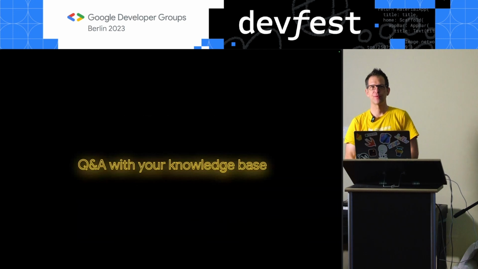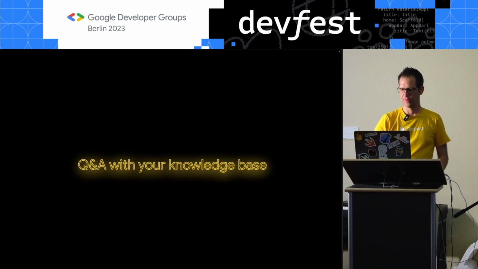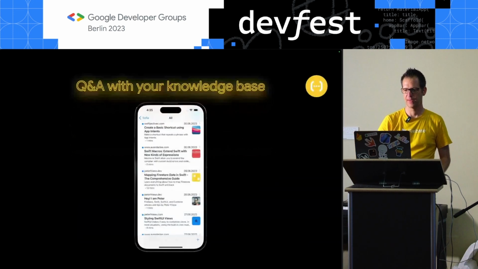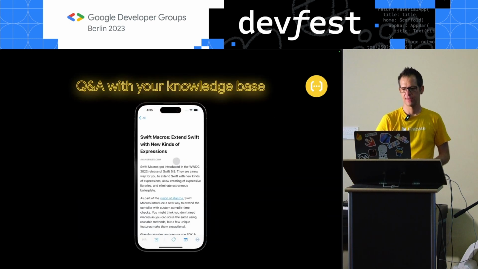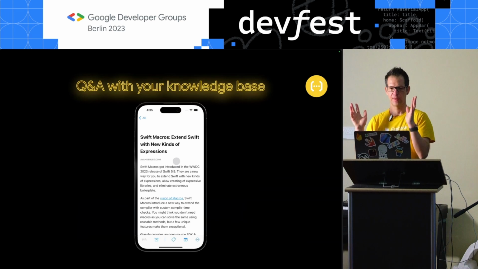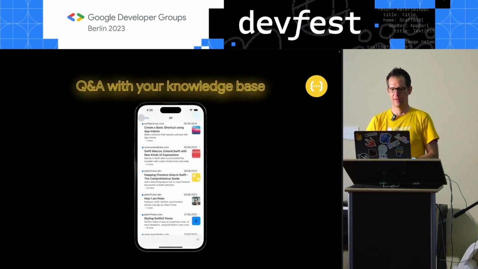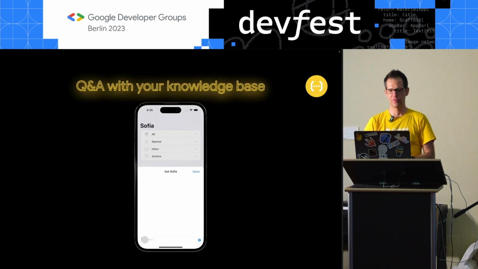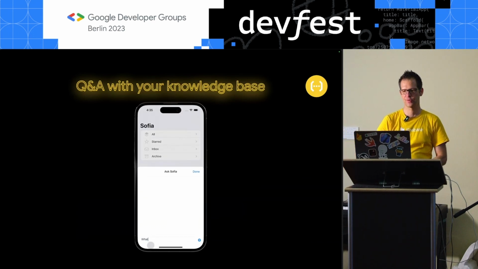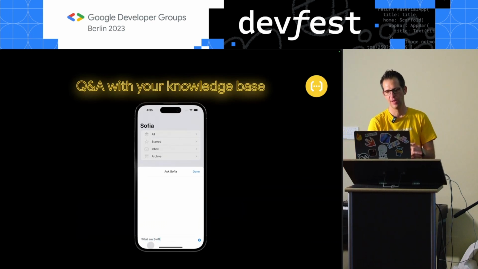Now, let's kick it up a notch and talk about Q&A with your knowledge base. Again, here's a demo. So here's an article. It talks about Swift macros. I have no time to read it, so I go back and I go into this chat feature and talk to my application and I ask, what are Swift macros?